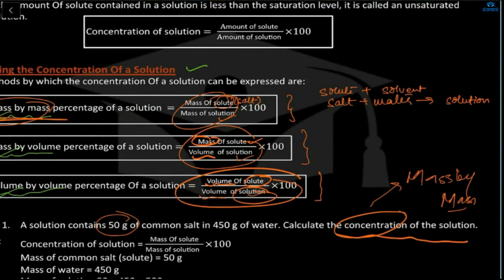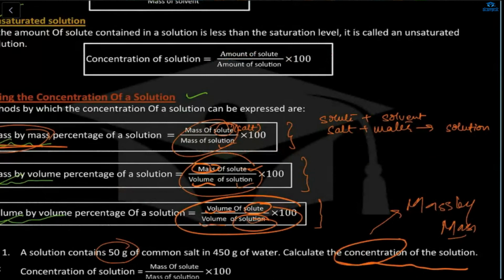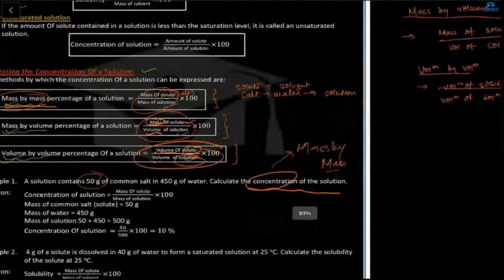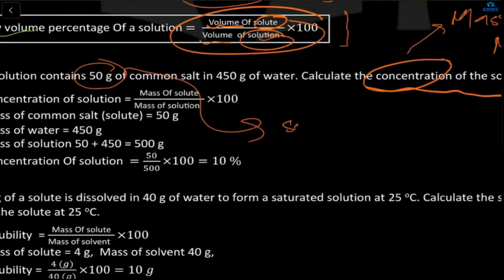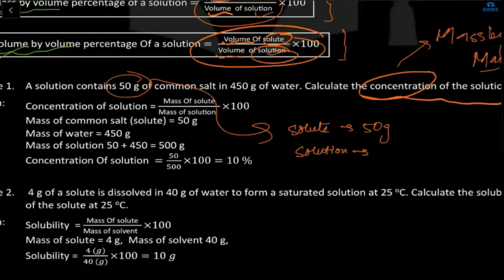Solute is always present in the lesser quantity. That's why solute here is 50 gram. And what is the formula of mass by mass? Mass of solute by mass of solution. And solution is the addition of both the solute plus solvent.